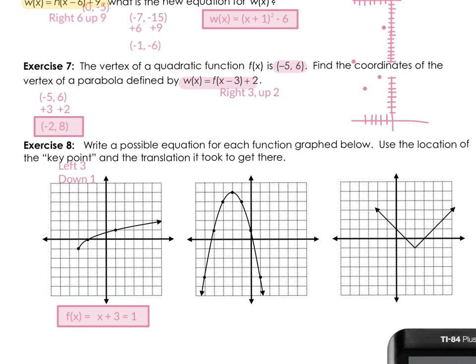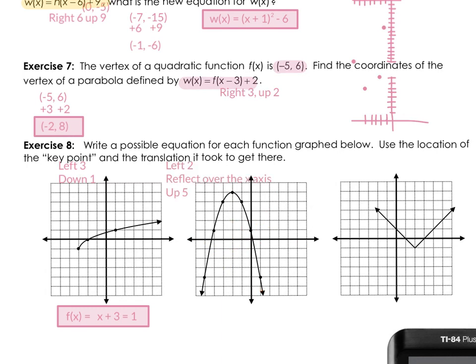Okay, the next one, again thinking parent function. The parent function is just x squared, so that would mean it's a smiley face parabola going through 0, 0. So what happened? Well, it moved left 2, and then we reflect over the x-axis to make it a frowny face, and then it moves up 5.